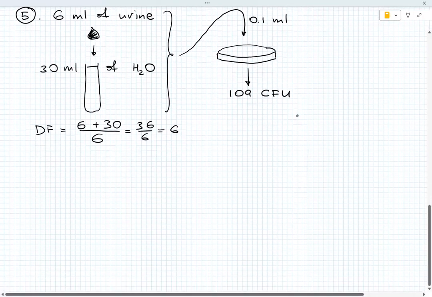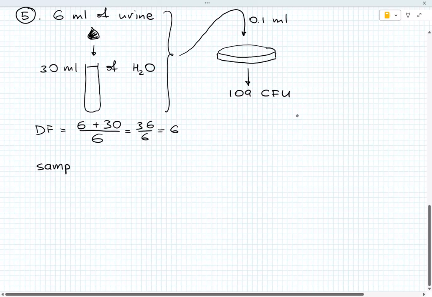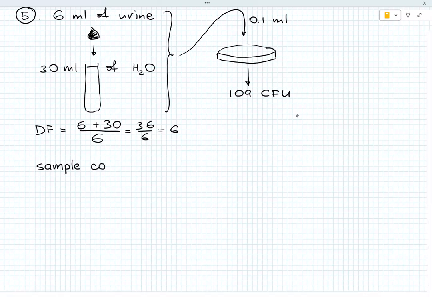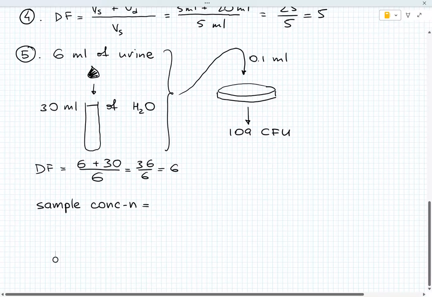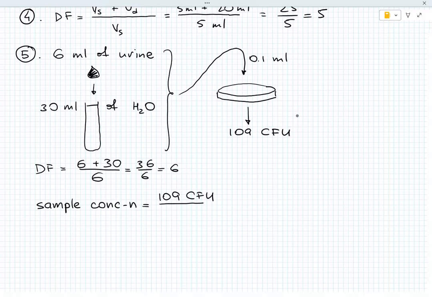So to calculate sample concentration, what do we need to do? 109 colony forming units were delivered to the plate in what volume? 0.1 ml.